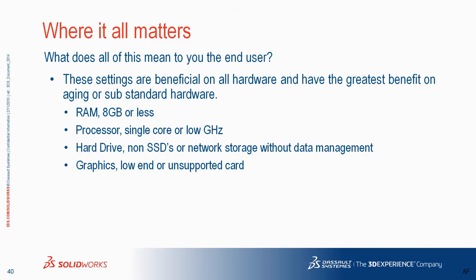Hard drives, if you're not using SSDs, you need to, but if you're not using them, this makes a stronger, more noticeable impact. And if your graphics are low-end or unsupported, well, you got bigger problems then because you're going to have crashing and instability from a non-supported graphics card, okay?